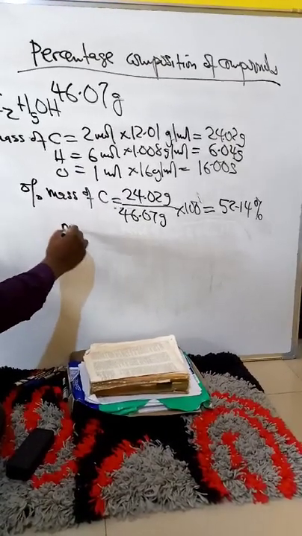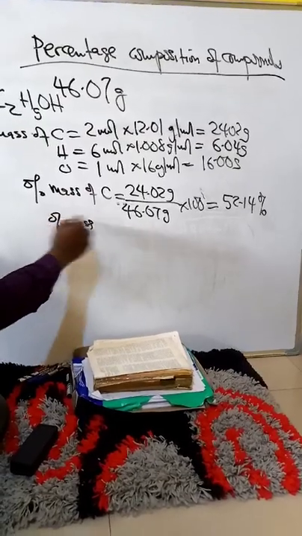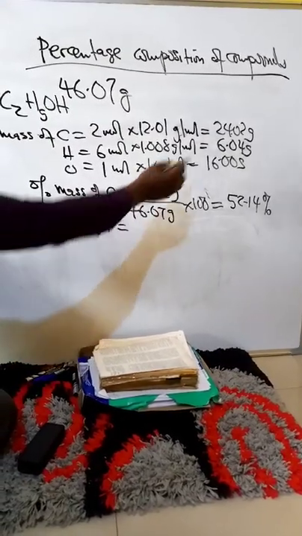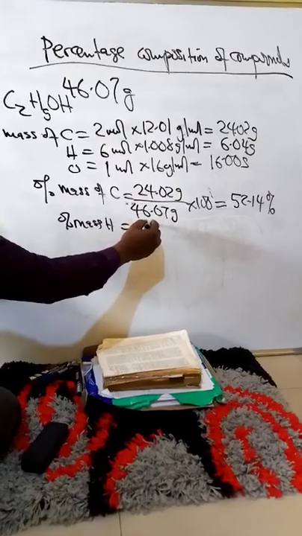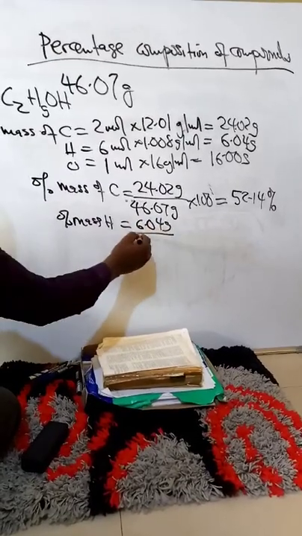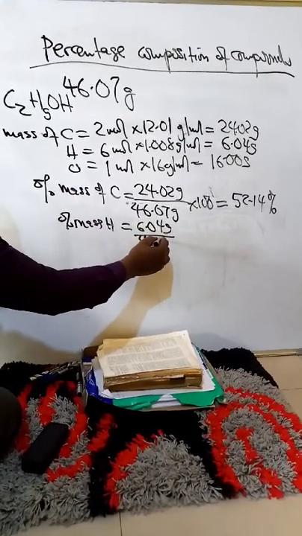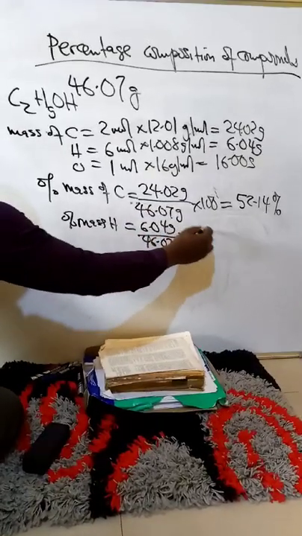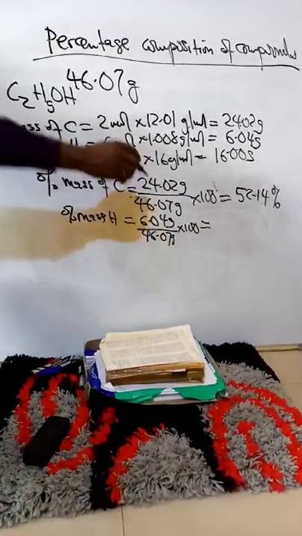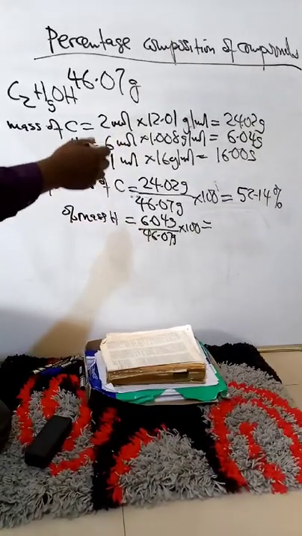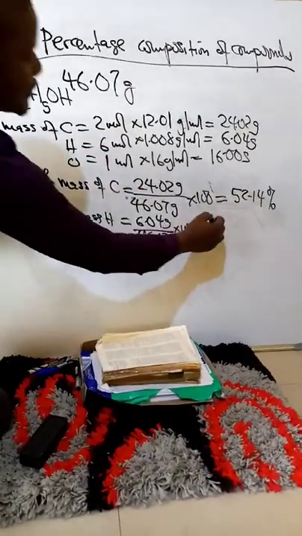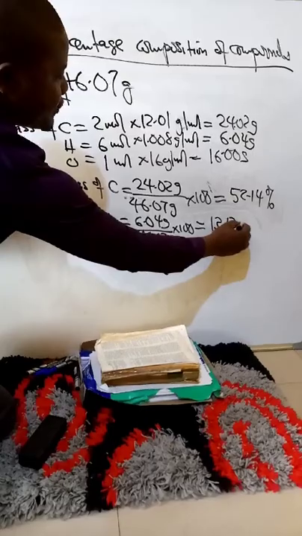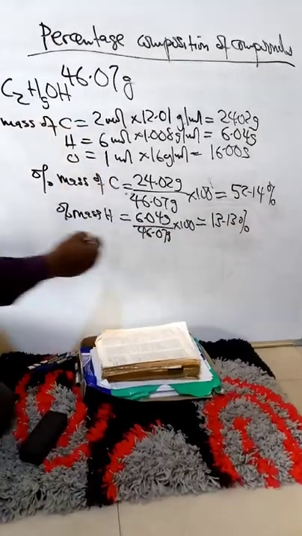Then let's find out the percent mass of hydrogen using the same formula. The mass of hydrogen, that is 6.04 grams over 46.07 grams times 100. So when we compute, we are getting 13.13%.